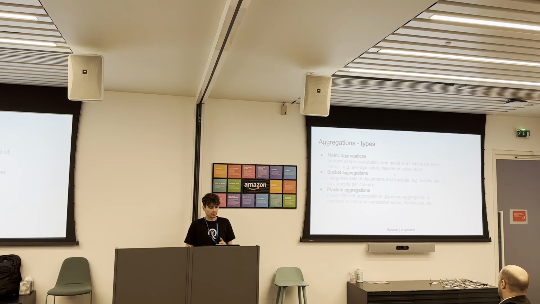There are three kinds of aggregation that are possible. The simplest one is a metric aggregation. They perform simple calculations. The end result is usually either a metric or a set of metrics. For instance, something like average value, the sum, the maximum value. Those which return multiple metrics would be percentiles.